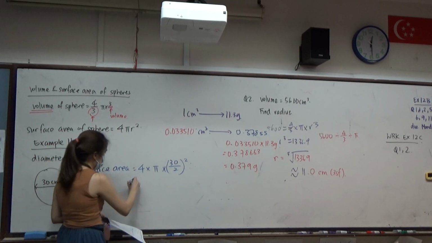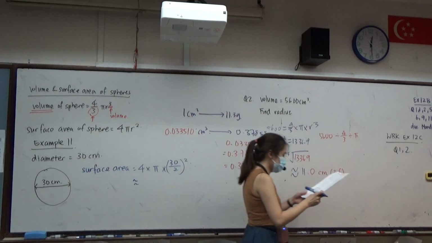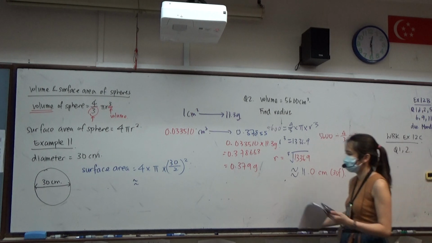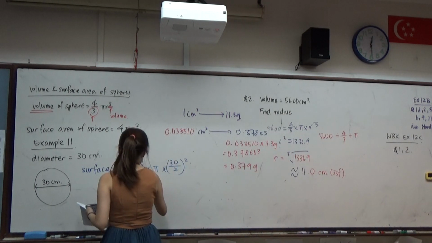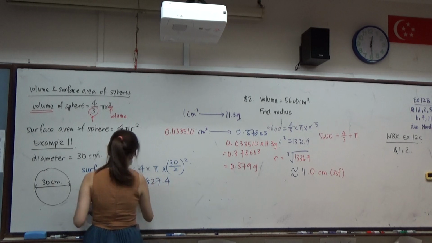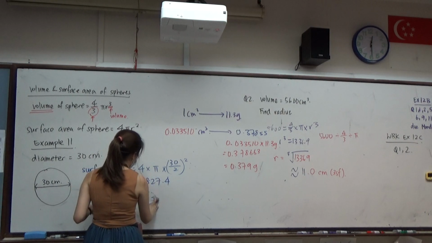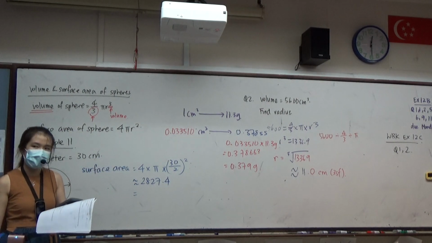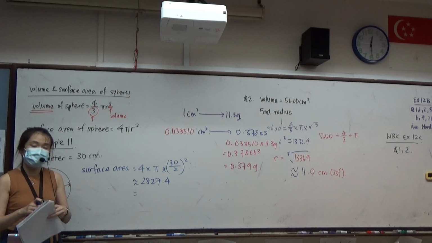And that would give us about 2827 point something, is it? .4. And then round off to 3SF, what do we get? 282.